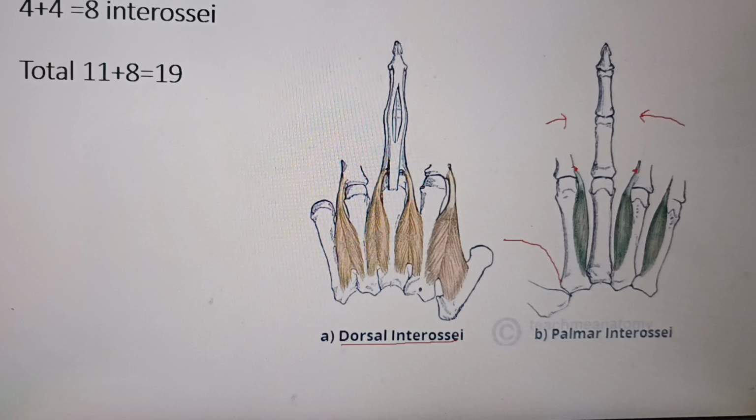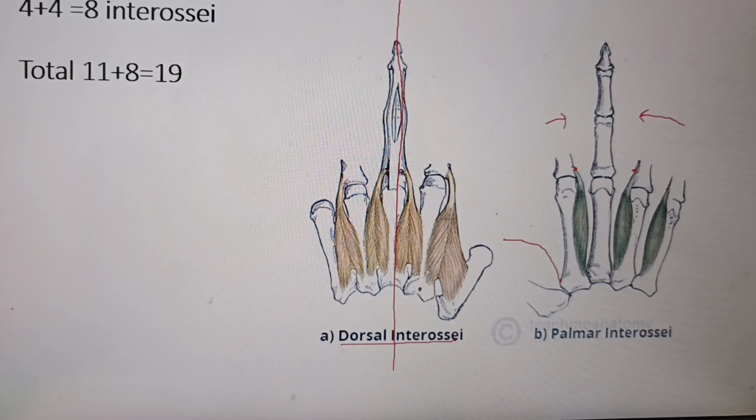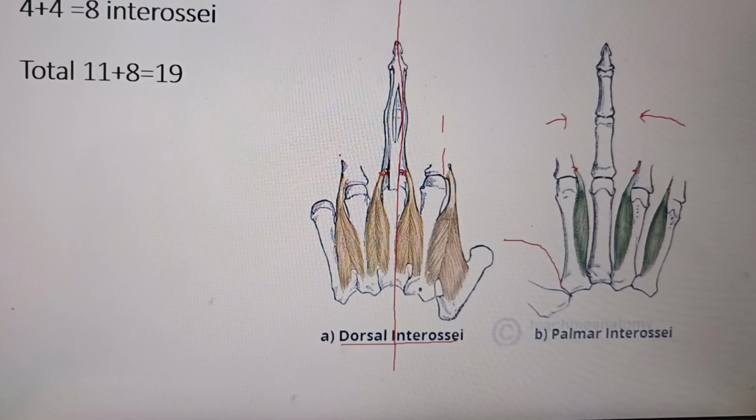And for the same, first thing you have to do is to fix the middle finger. As I said, for adduction and abduction, the middle finger is the reference. So what the dorsal interosseous does is it will fix the middle finger from both sides. Okay. So now what happens? The other two fingers, here is the index finger and this must be the ring finger.